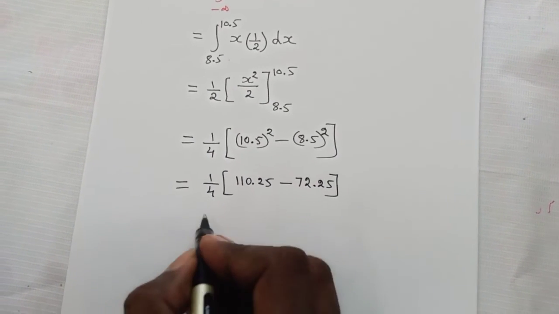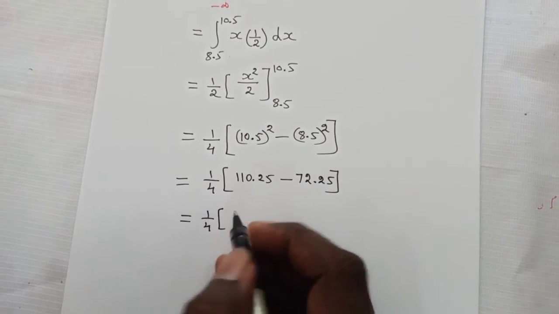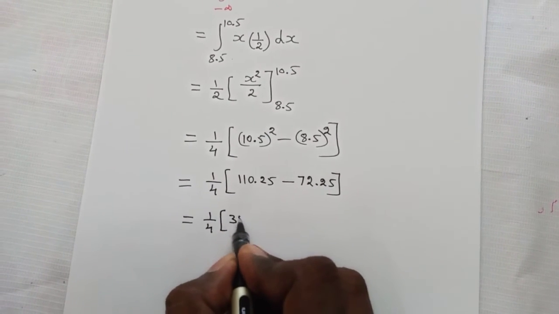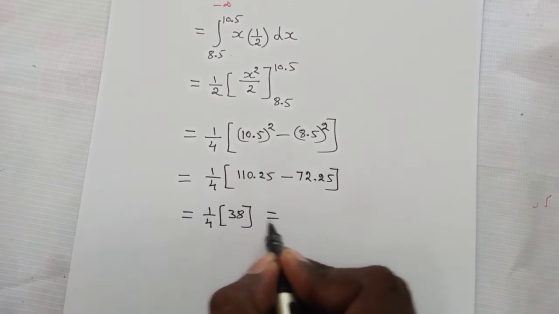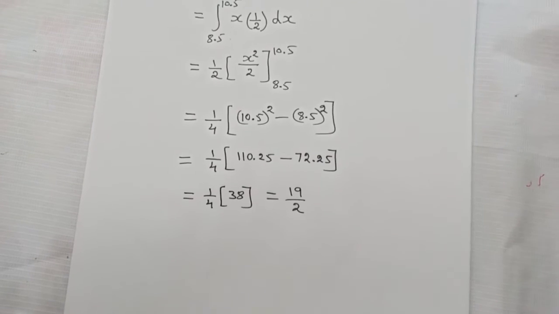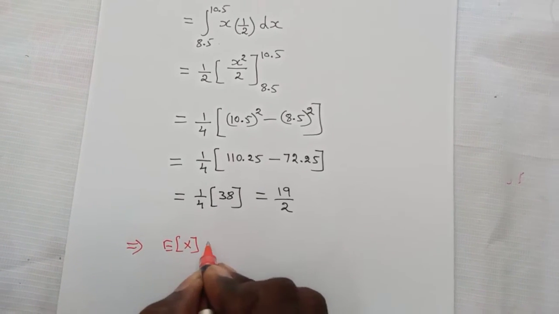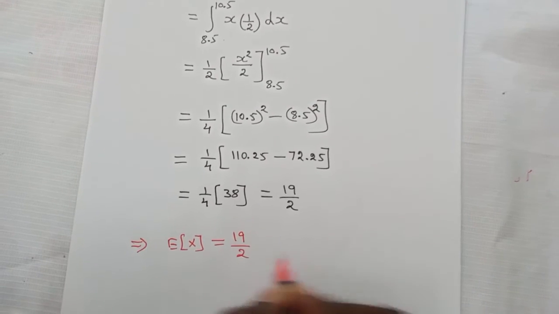Now subtract these two. 1 by 4 into the subtraction is 38. Now cancel this, 19 by 2. So finally E of x value is 19 by 2.